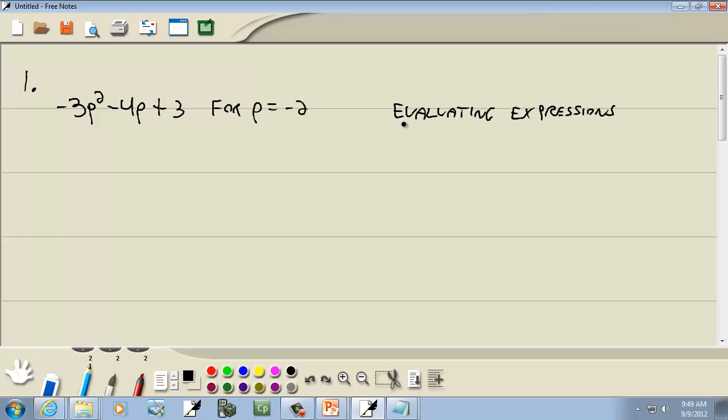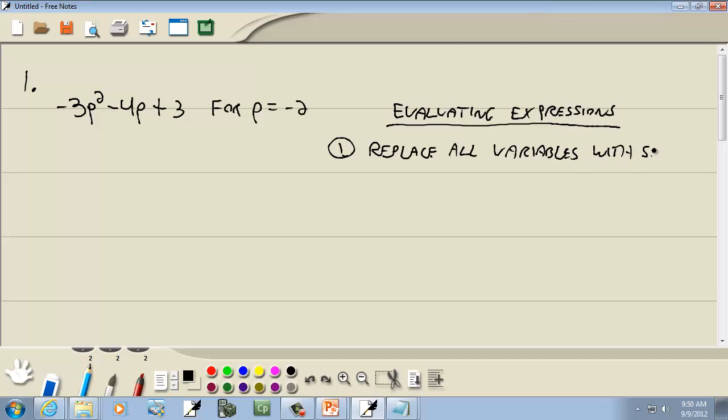So these are the steps for evaluating an expression. And again, an algebraic expression has variables in it. Our first step: replace all the variables with sets of parentheses.